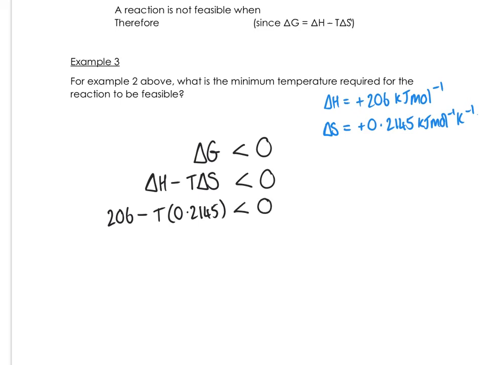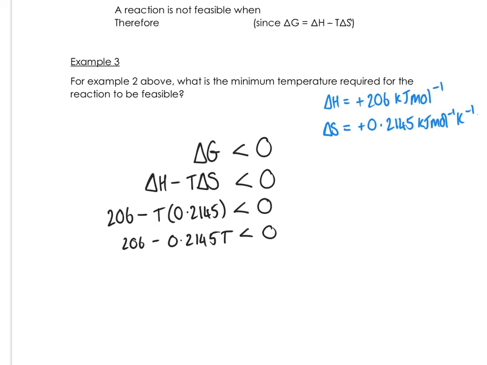When I multiply that out, I get 206 minus 0.2145 T has to be less than 0.